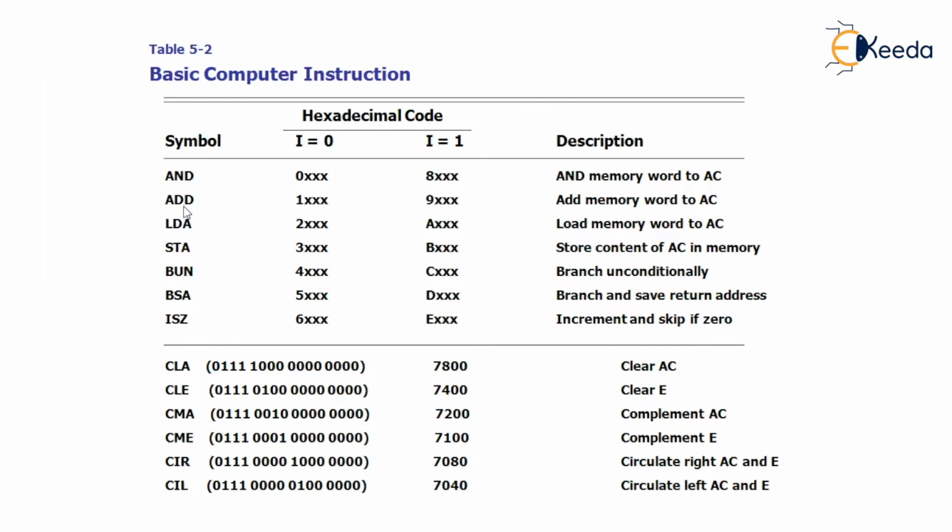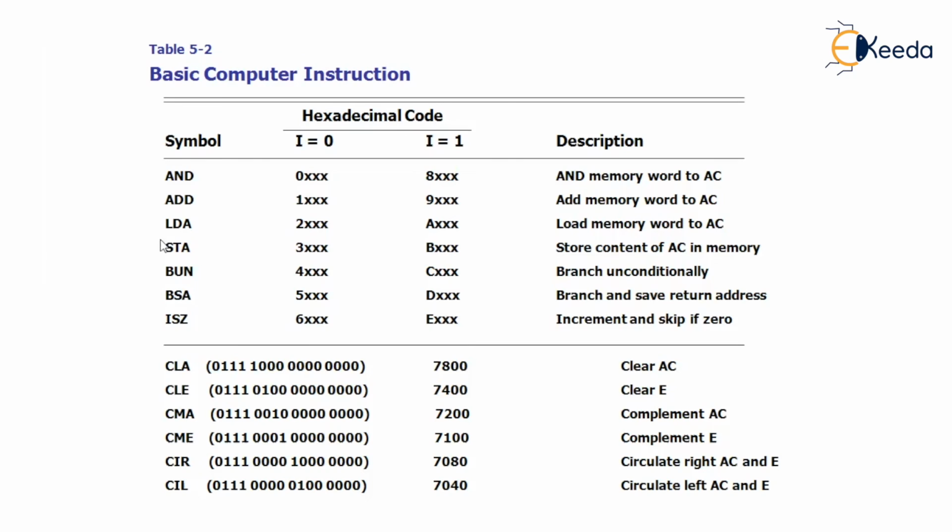Next one is ADD. We are going to perform an addition operation between the memory operand which is specified in the instruction and the accumulator. Load operation transfers the contents of the memory operand that is specified within the instruction to the accumulator. Store operation transfers the contents of the accumulator to the address which is specified in the instruction.